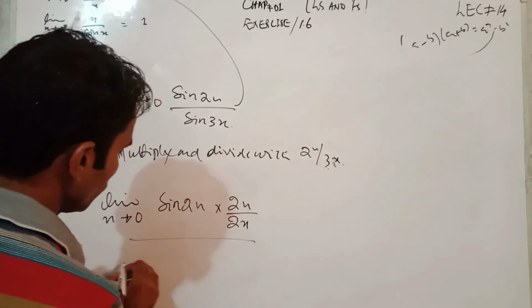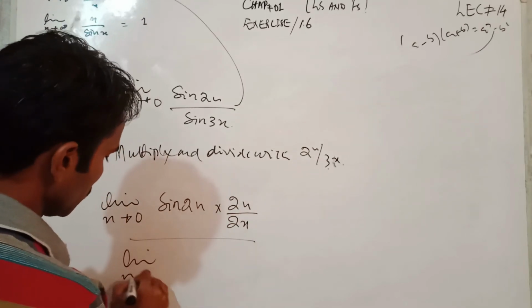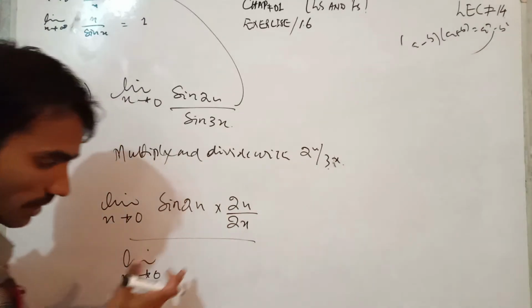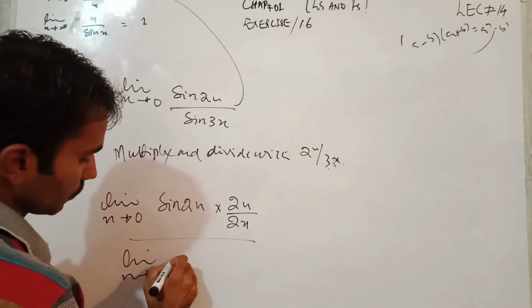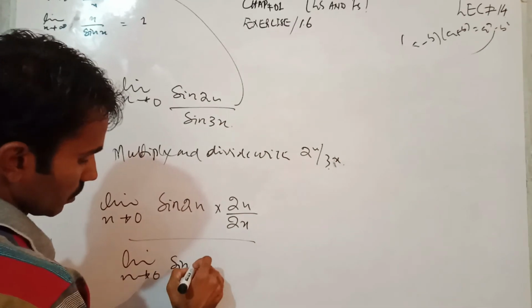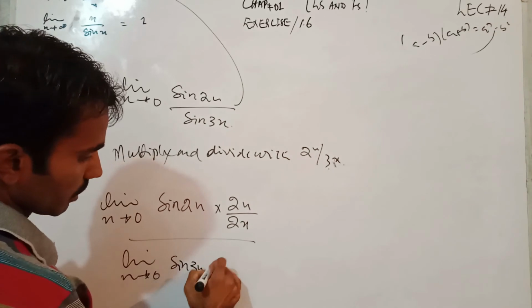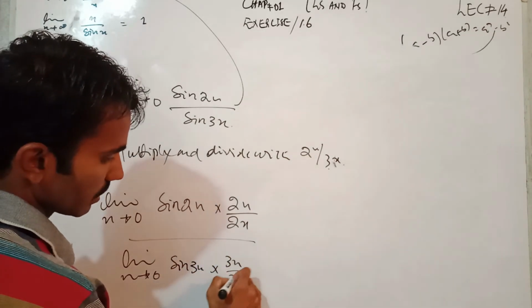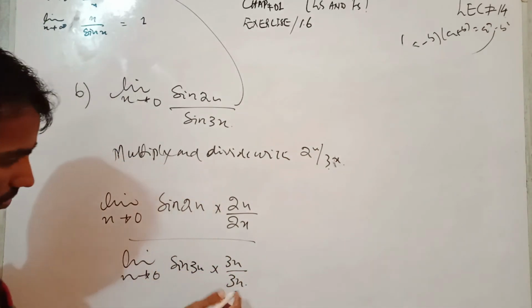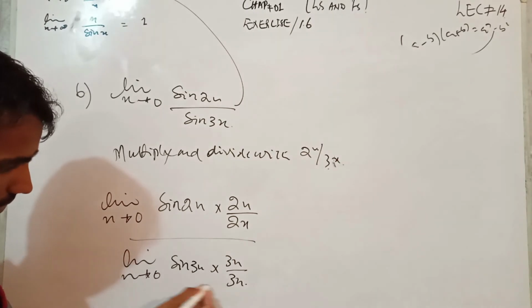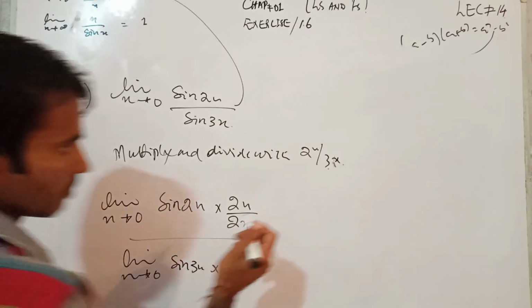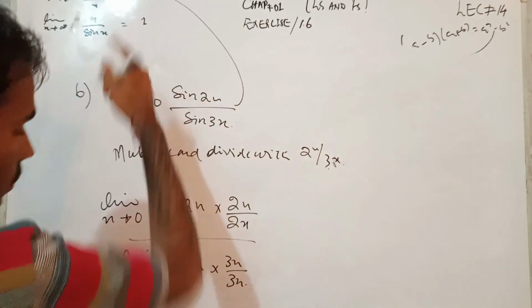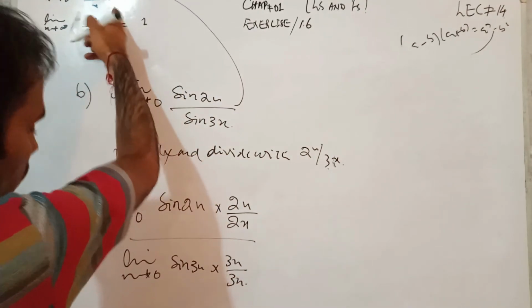In the denominator we will write the limit x approaches to 0, you can give the limit separately, it depends on you, and 3x multiplied by 3x divided by 3x. Now we will take 3x in the denominator of sine 3x and 2x in the denominator of sine 2x. Later on this condition will satisfy that formula.